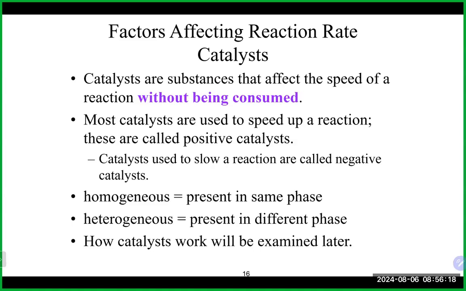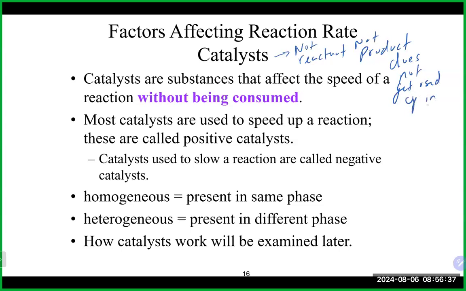Catalyst is another thing that can affect the rate of a reaction. I think we talked a little bit about catalysts along the way, but again, a reminder that a catalyst is not a reactant. It is not a product, and it does not get used up in the reaction.